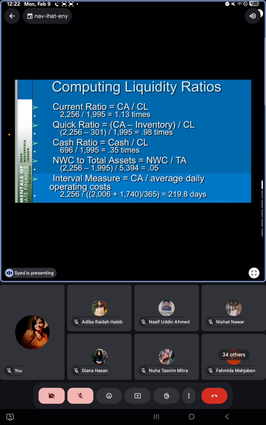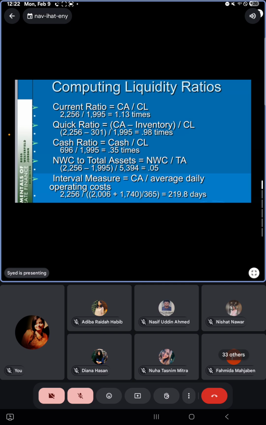If the reporting period is a month, then the denominator would be 30. That is, the total cost would be divided not by 365 but by the number of days in the accounting period. Since here the company reported for a year, the operating cost is divided by 365.